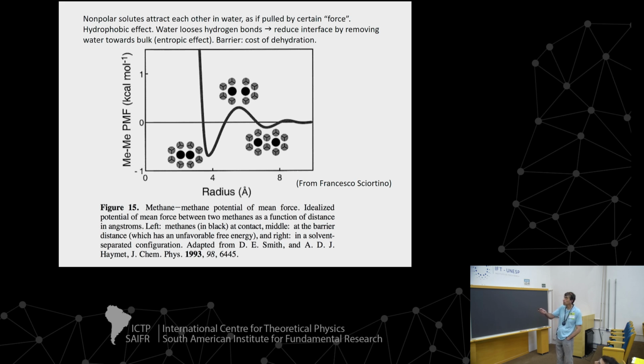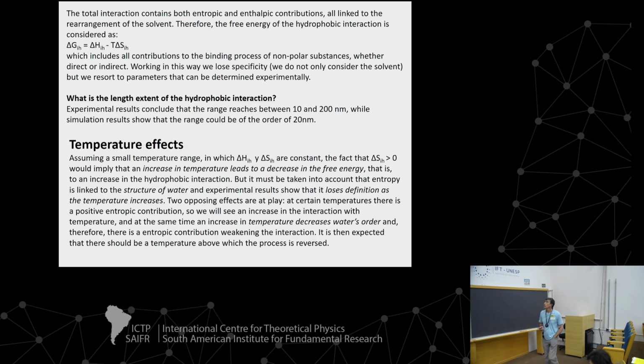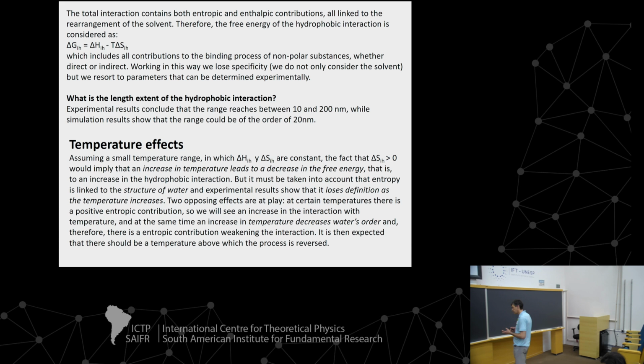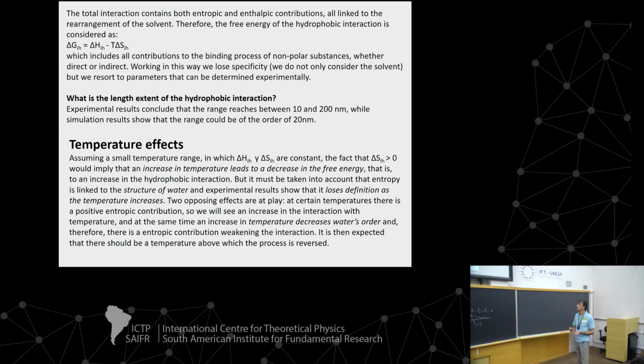So you are going to have to surmount a barrier, and then in this potential of mean force you're going to find here the optimal situation, but it has a certain cost. So the total interaction is going to include entropic and enthalpic contributions, which would be related to the different arrangements of the water molecules.